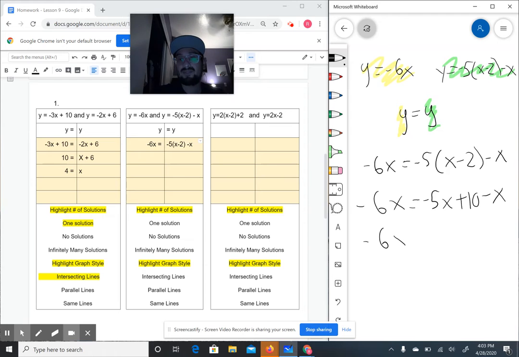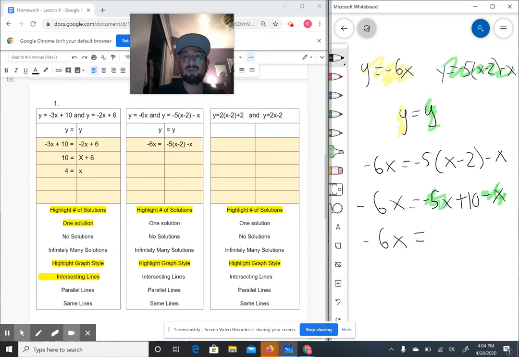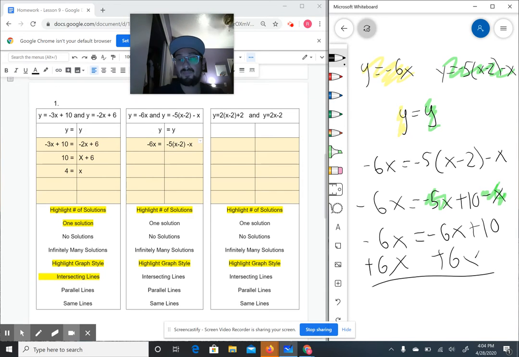So we're going to get negative 6 equals, and we combine like terms here. You can see here and here, those are like terms. They're both negative, so you're going to add them. So write that down.